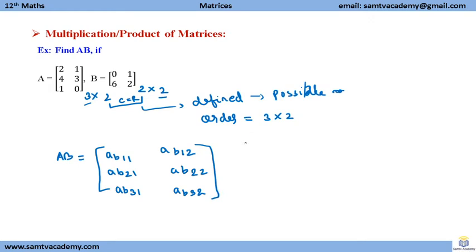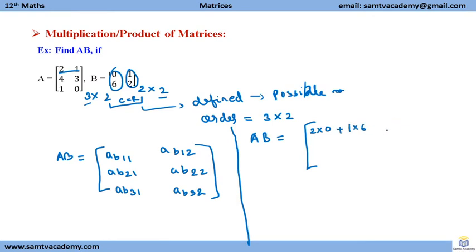Now let's solve it. No need to write this, I am doing it only for understanding. You can directly solve the AB matrix. You have to multiply a row with each column. The first element, AB11, will be 2 into 0 plus 1 into 6.